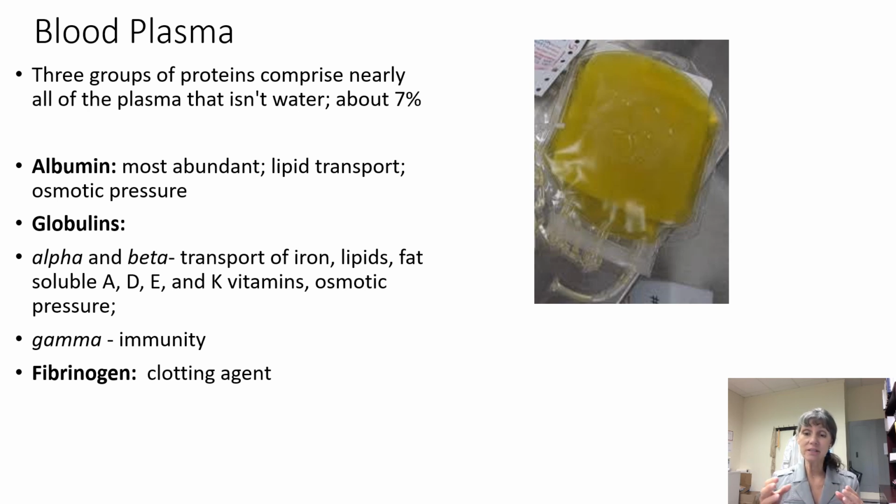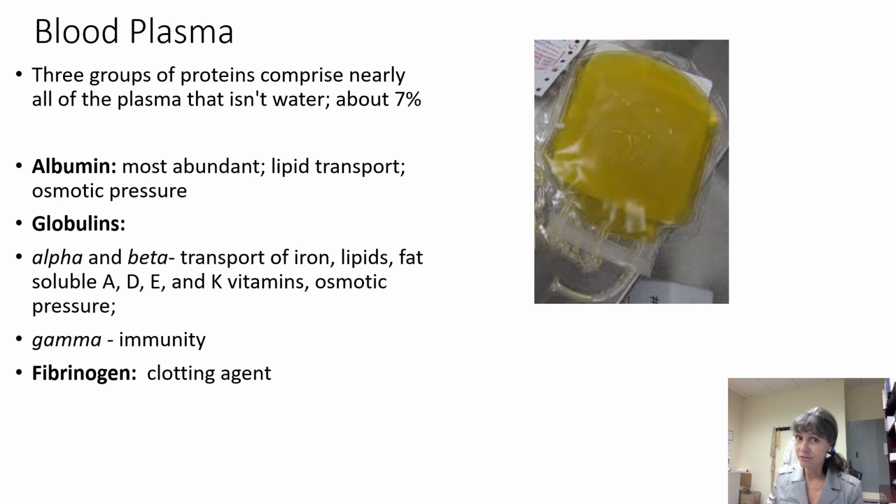It helps transport lipids throughout the blood and also is a big contributor for osmotic pressure, so that when blood flows through kidneys, not all the fluid goes into the tubules of the kidneys to potentially be flushed down, because the osmotic pressure of the albumin helps pull water and keep it into the bloodstream so we don't lose all our fluid in urine.